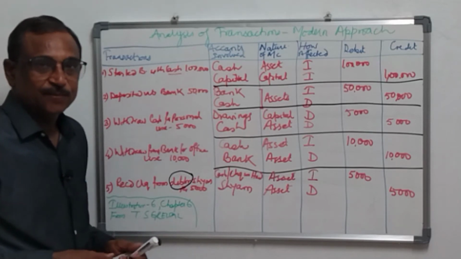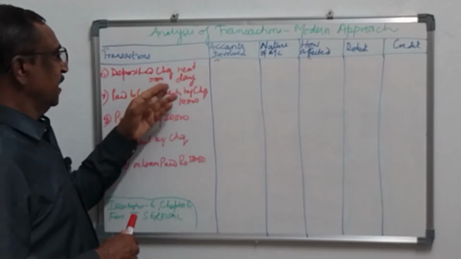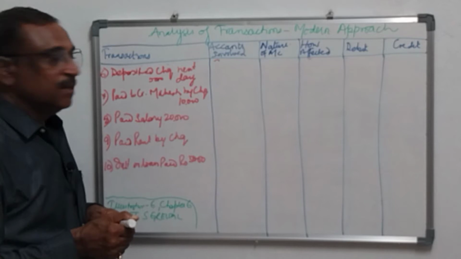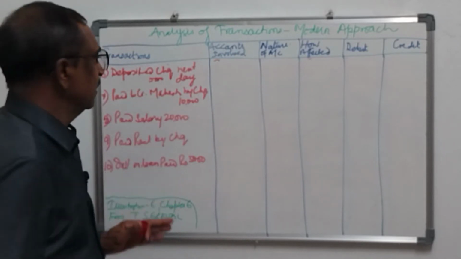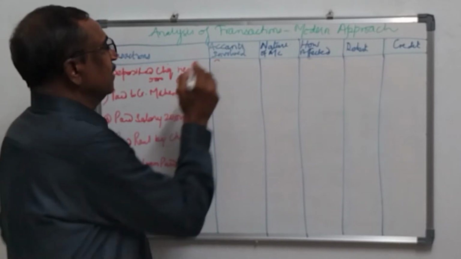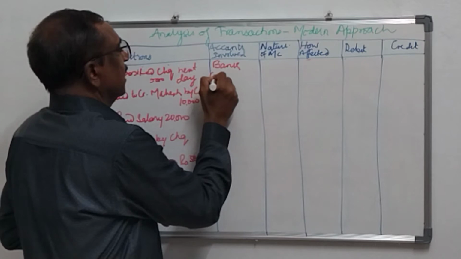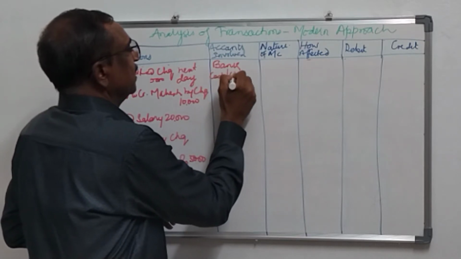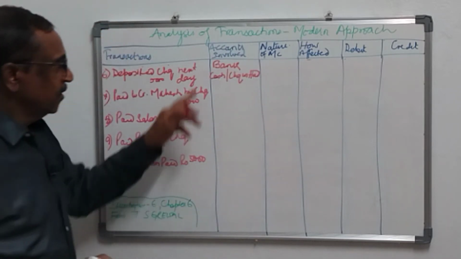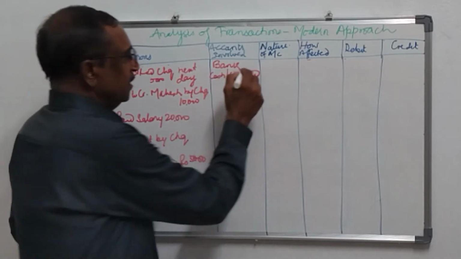Okay? Our next transaction is deposited cheque next day. The cheque that was received from Shyam has been deposited into bank. So we will write the two accounts involved are bank and cash, cheque in hand. Your bank balance will increase when the cheque is honored.